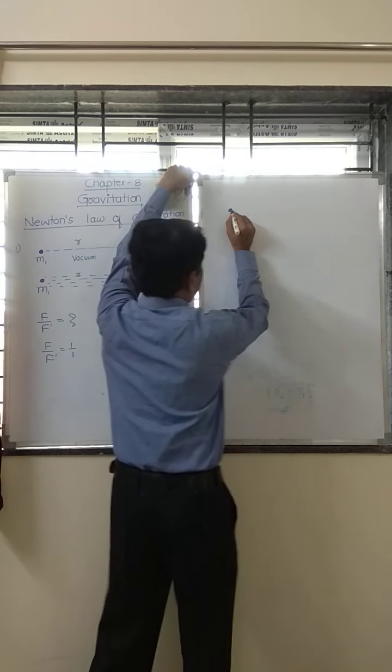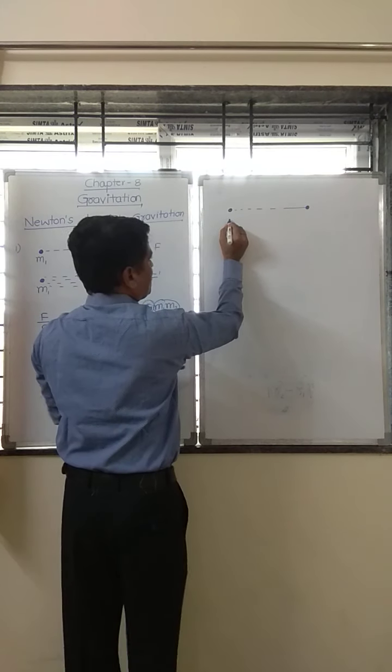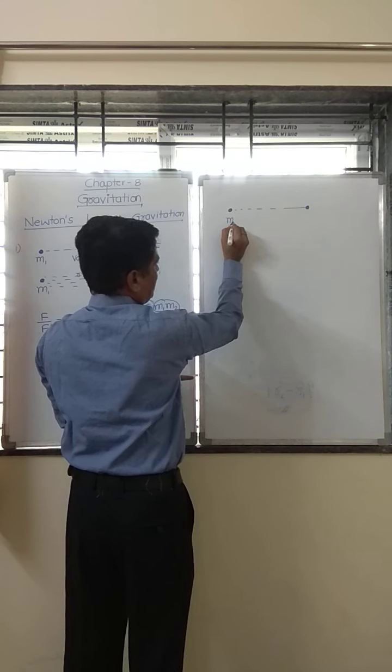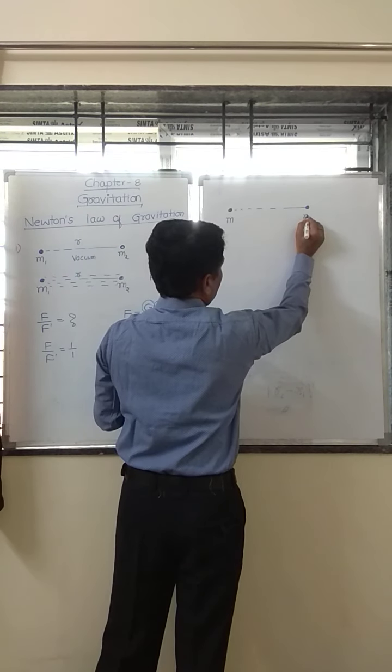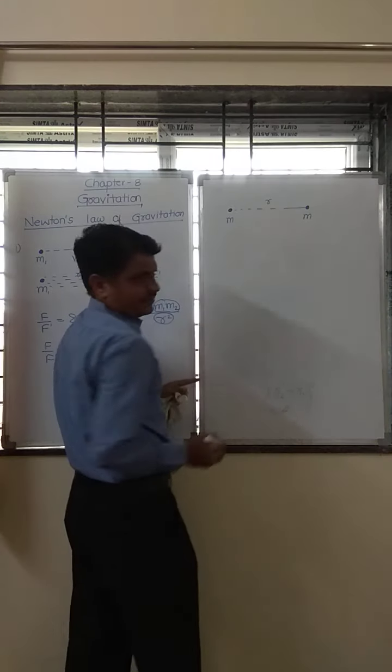Already we have taken this kind of question in electrostatics. In case 1, we have two equal masses m and m, separated by distance r.